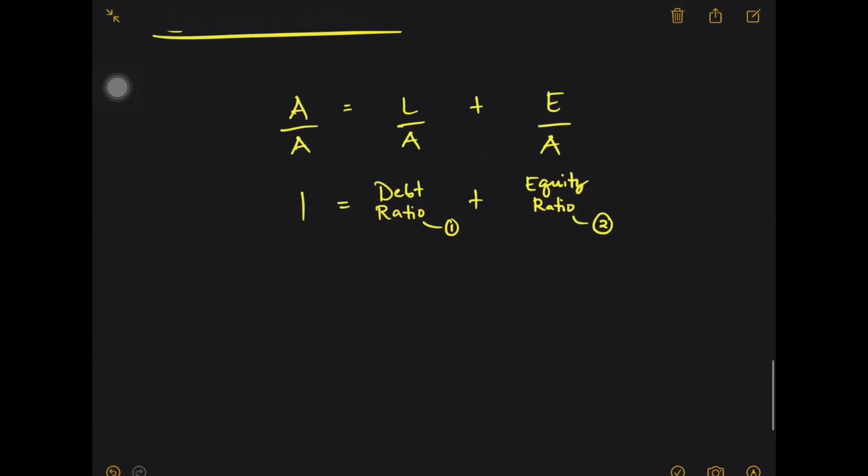And then we have another ratio, and it's called debt to equity ratio. And the good thing about this one is that you already have the formula in the name. The formula is liability over equity. And this ratio basically tells you the discrepancy between your liability and equity.